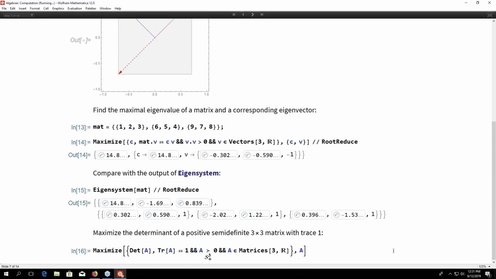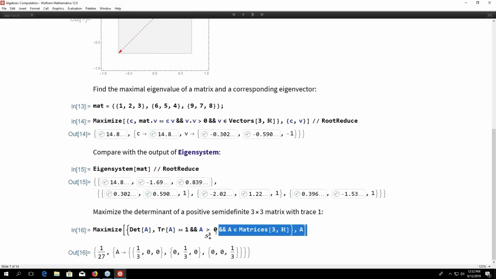And here we maximize the determinant of a positive semi-definite 3x3 matrix. So this matrix inequality here means that we are looking for a positive semi-definite 3x3 matrix, and the trace of the matrix is supposed to be 1, and we are maximizing the determinant. And here's the result.